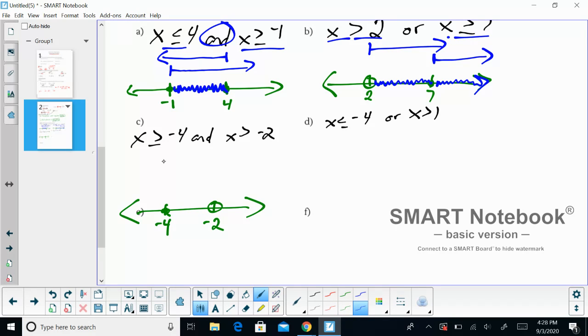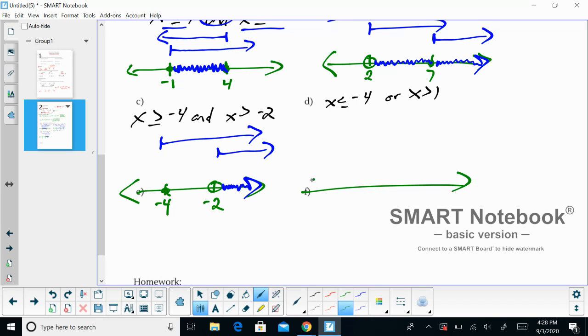Now my mini number lines. Which way would I shade for just greater than -4? Shade to the right. Which way would I shade for greater than -2? Again to the right. So an and problem is where the two little number lines overlap. So that's going to be just this far side of my number line.